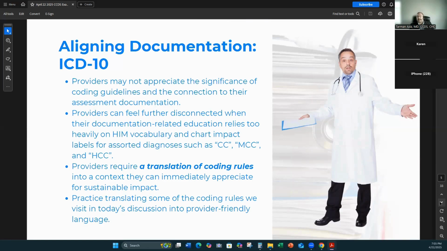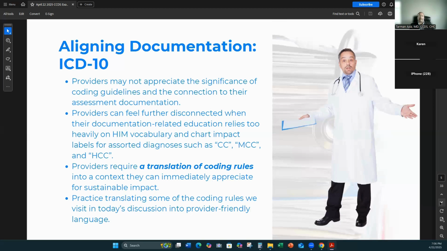So generally, providers don't always appreciate the significance of the coding guidelines and how their assessment and plan documentation ties into that final coding, final billing, but of course also final metric analysis across a host of different risk adjustment targets. And it's very important that we teach providers how to get the right type of documentation in place on their record.